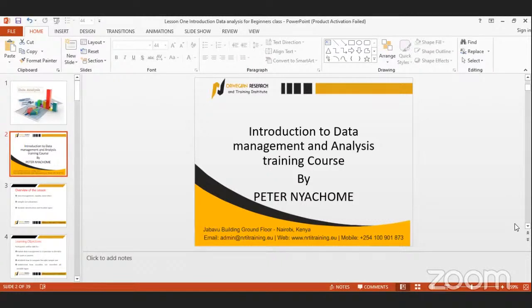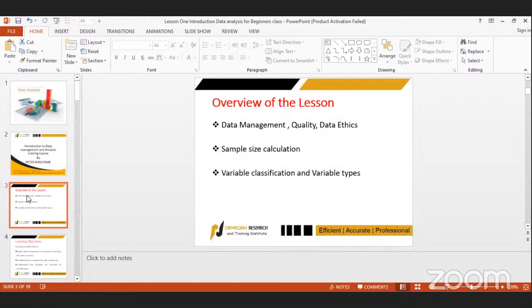So I just want to take you through what we call our module objectives. At the end of this training program, you shall be able to understand the following concepts: the concept of data management, the concept of data quality, the concept of data ethics, sample size calculations, and then variable classification, at the same time variable types.